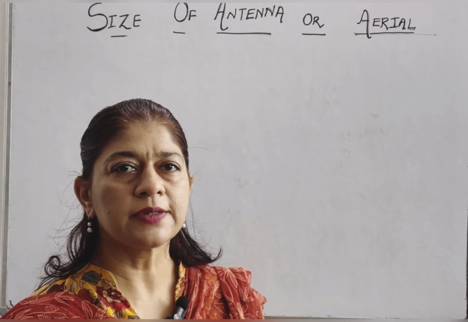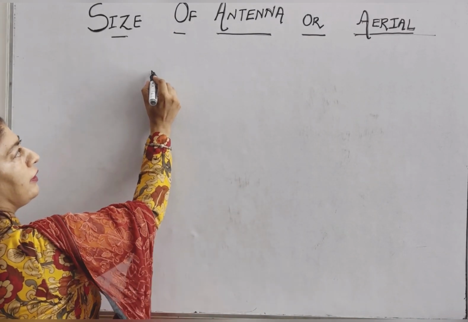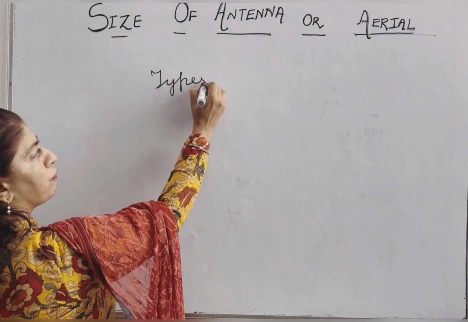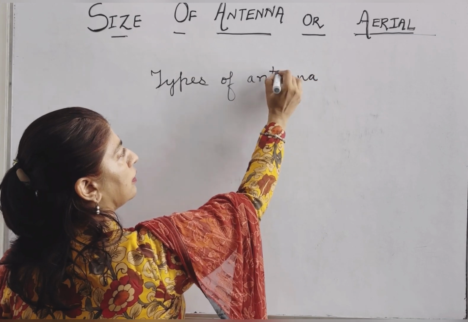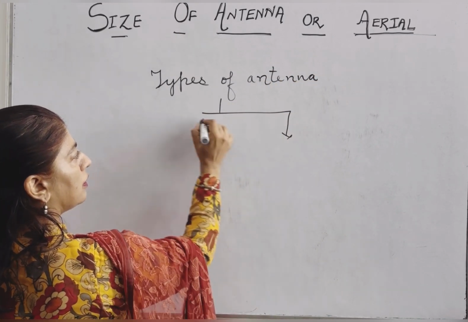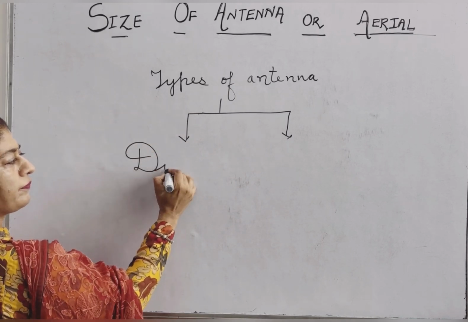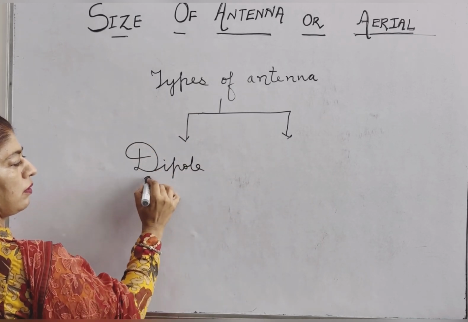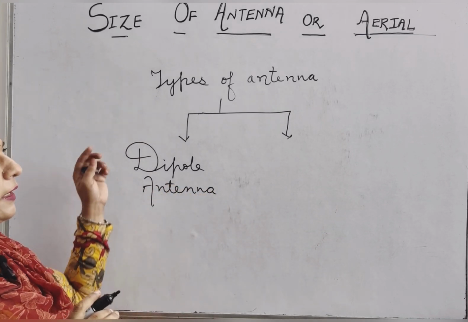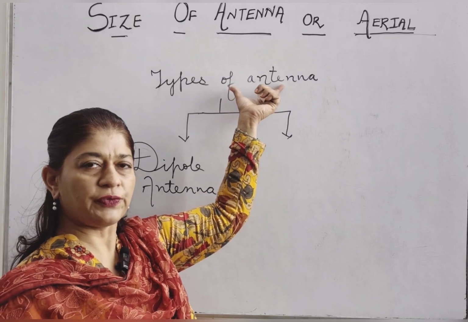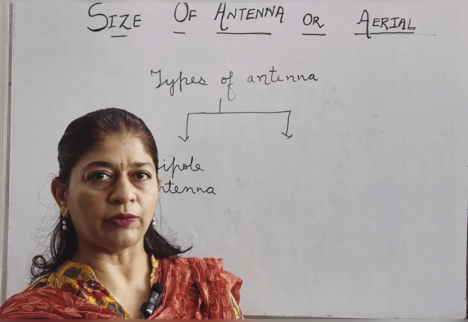Several types of antennas are employed for the communication system. Here are the types of antenna. Dipole antennas. Basically, the classification of antenna types depends upon the directions they cover.